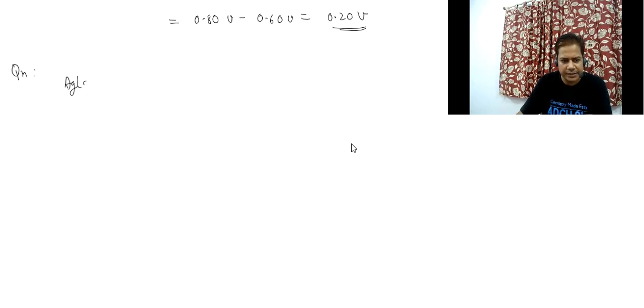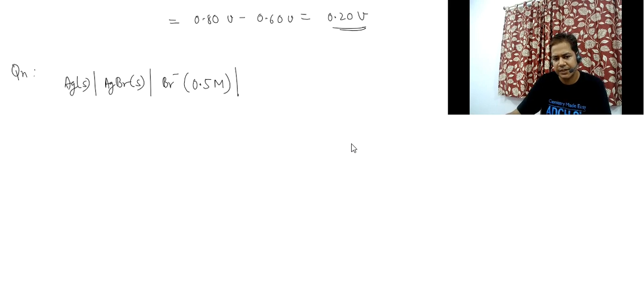The cell is Ag solid, AgBr solid, Br minus aqueous with a concentration of 0.5 molar, then a salt bridge, then AgNO3 aqueous with a concentration of 0.02 molar, Ag solid.